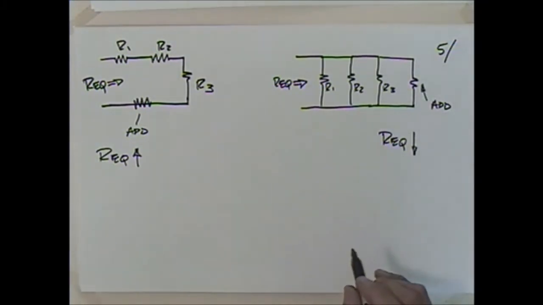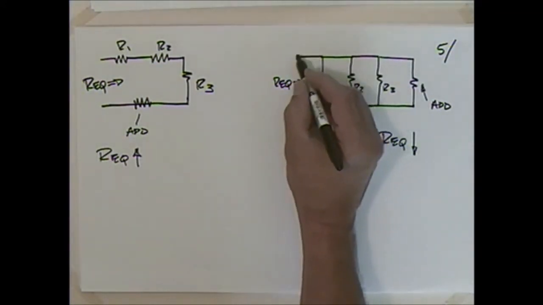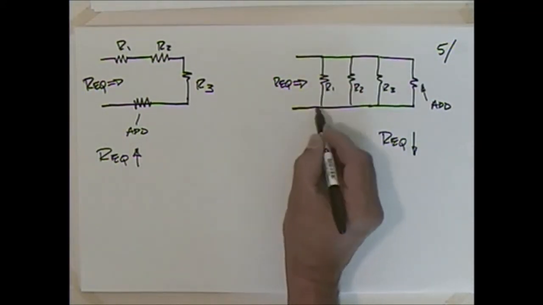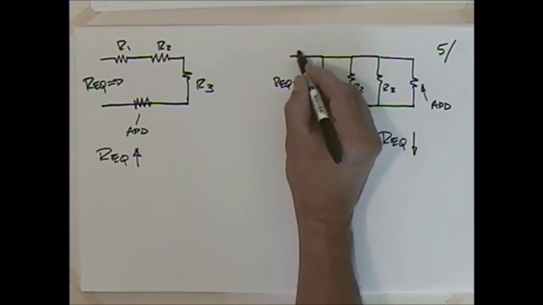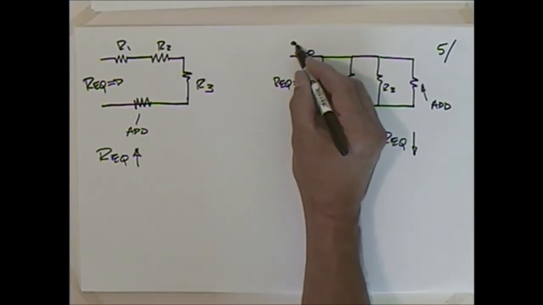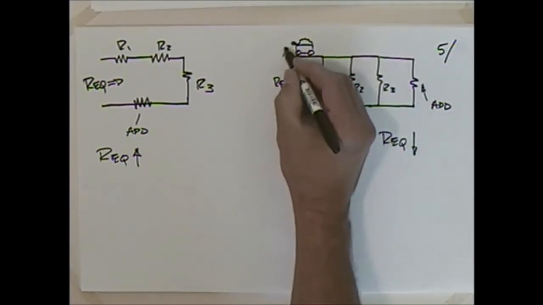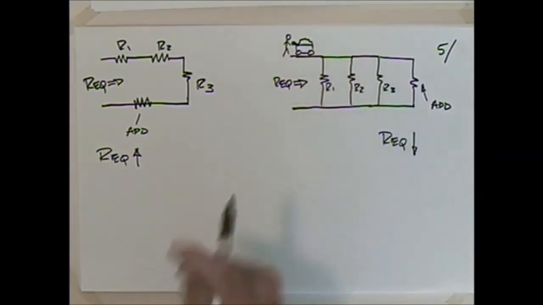Now from a practical sense, let's see how this works. Maybe we could give you a practical example. Let's talk about checking out of a store in a supermarket or something like that. So you've got your cart here all loaded up with all kinds of good stuff, and you're trying to get out of the store.